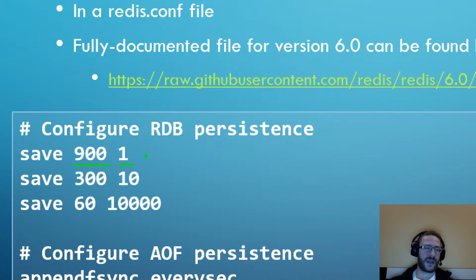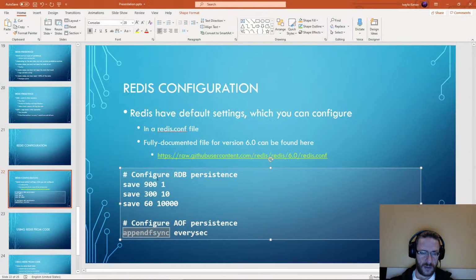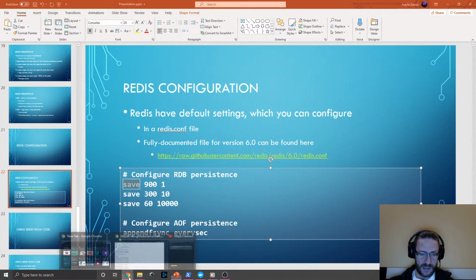So if we have 900 values, they will be saved. And you can put multiple options here, so we can have multiple and various configurations when the RDB is to be created. So let's see that too.